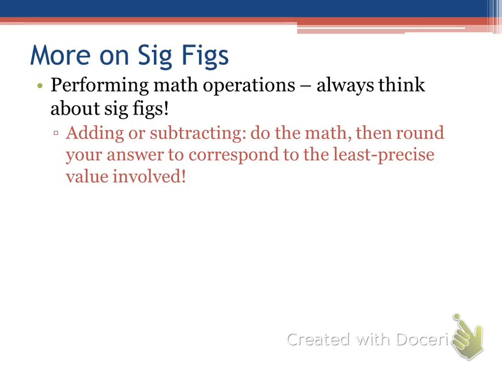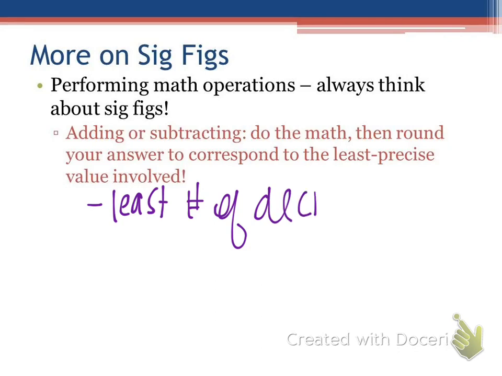What that really means is round to the least number of decimal places.